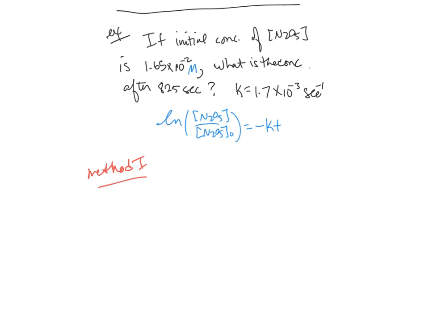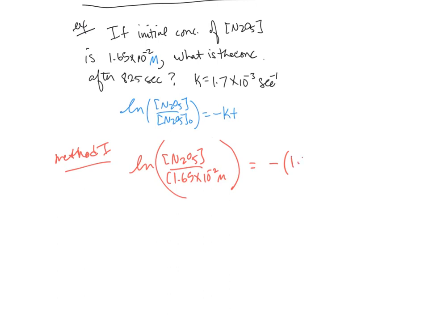So here we are going to say the natural log of N2O5 divided by 1.65 times 10 to the minus 2 molar equals negative 1.7 times 10 to the minus 3 seconds to the minus 1 times 825 seconds.